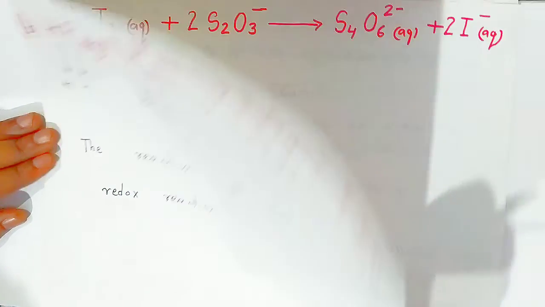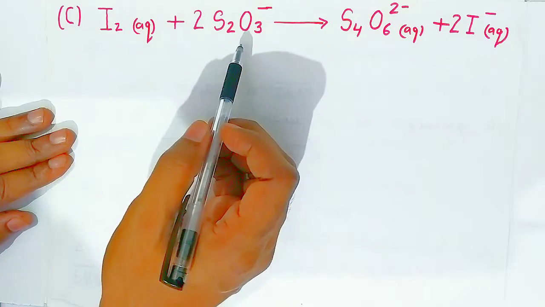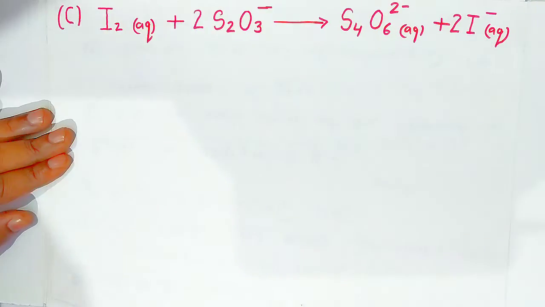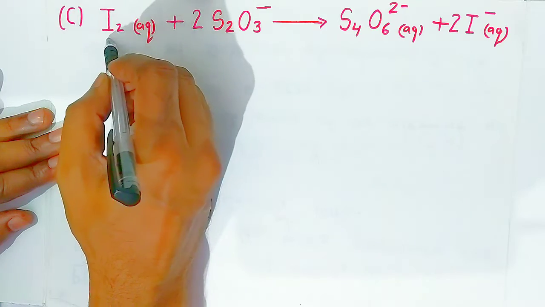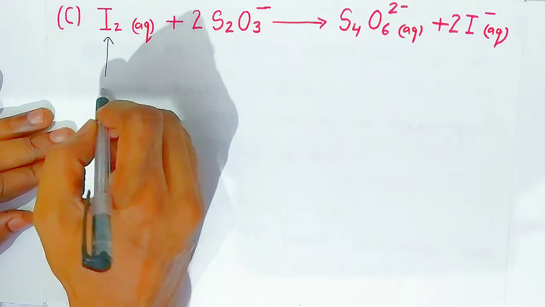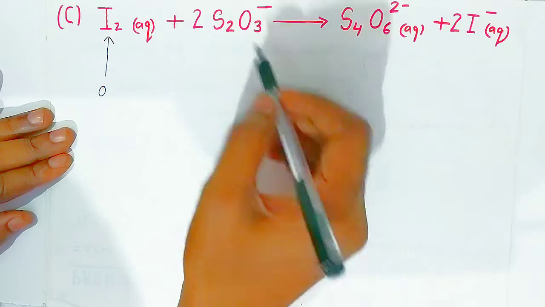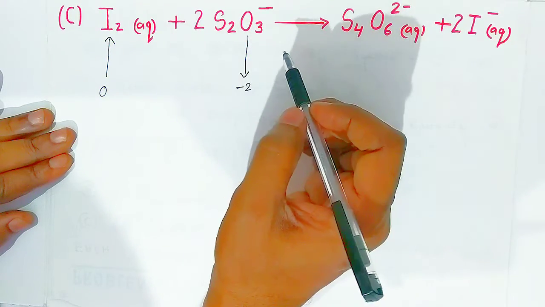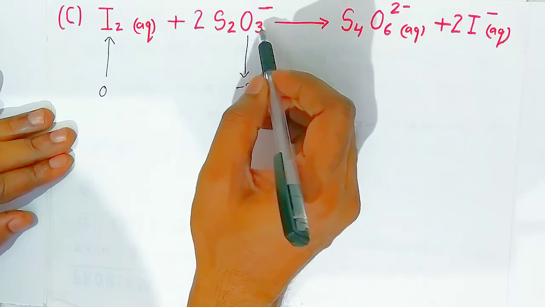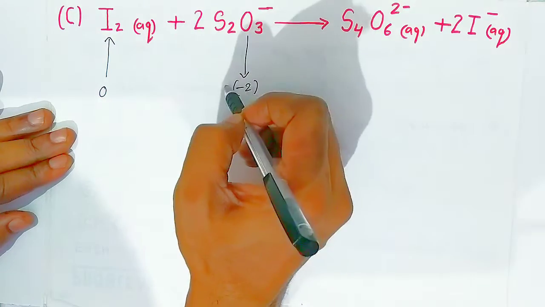Now students, the third example we are going to see is the reaction of iodine with the thiosulfate ion, which gives this product. Iodine is a gas, so its oxidation number will always be 0, a neutral molecule. Now here, students, for oxygen we are always taking the oxidation number -2. How many atoms are there? 3 atoms, so you have to multiply by 3.